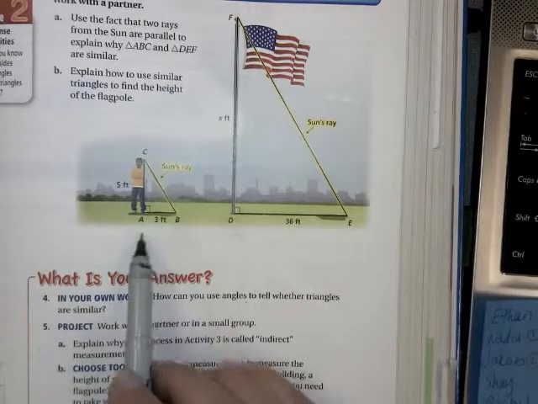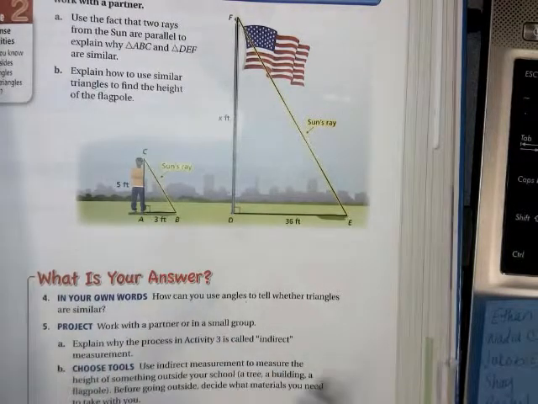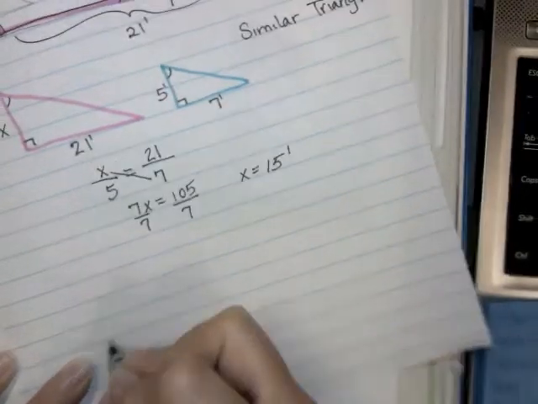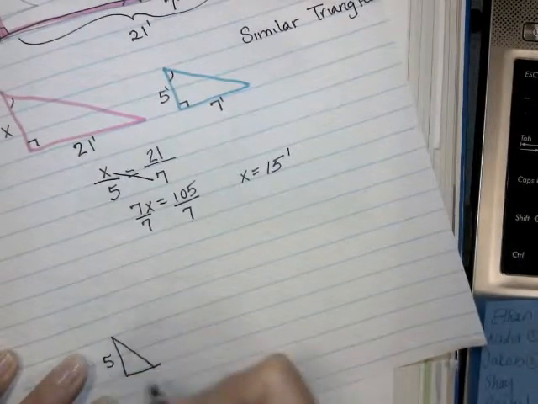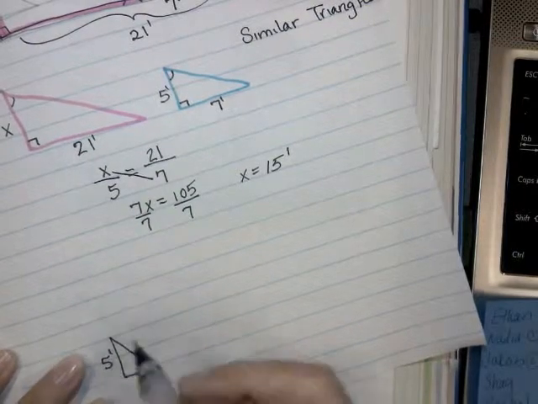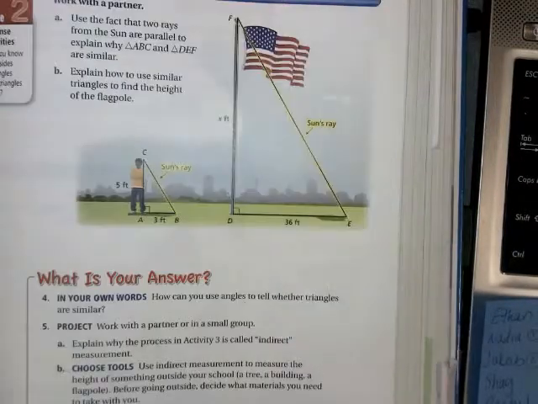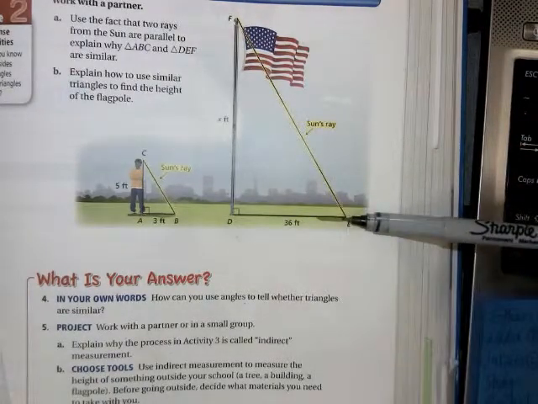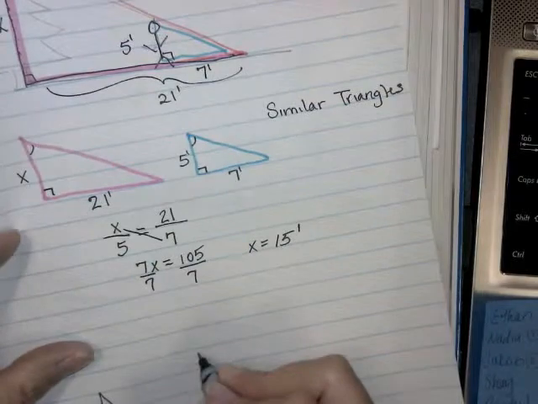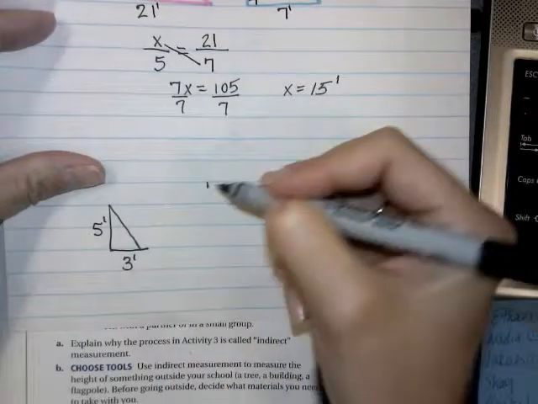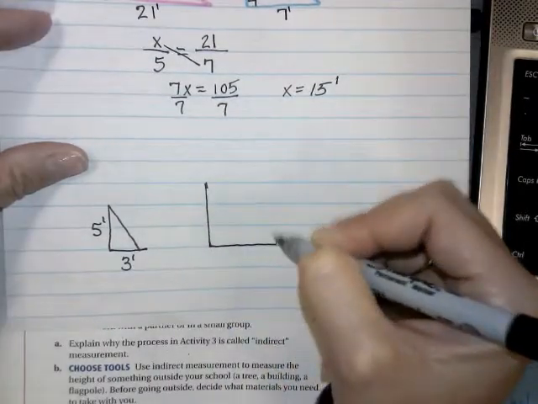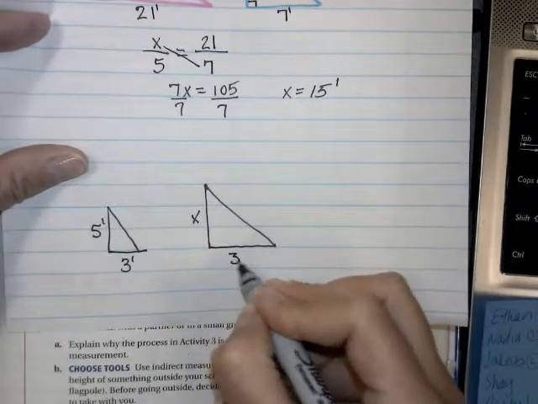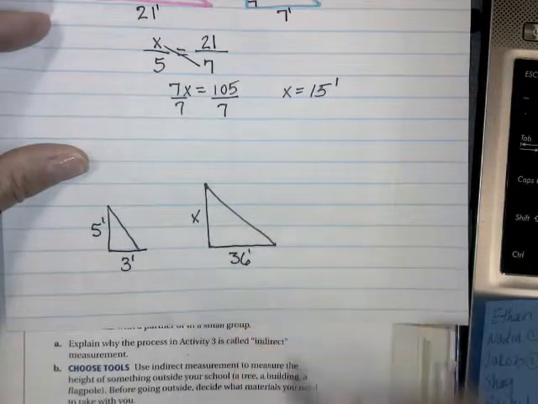So if I were to draw them again, the person was 5 feet tall, a 3-foot shadow. The flagpole is X feet tall, and the shadow is 36 feet.